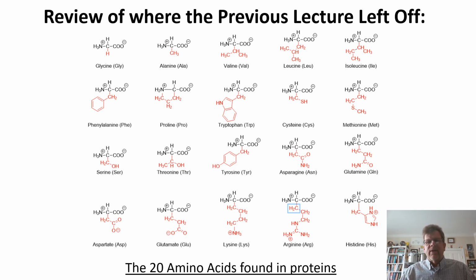We'll go into that a little bit more in a moment, but we can see that virtually all amino acids look the same, in that if you look over on the upper left-hand side, they all have this same type of structure on top, where we have an ionized amino group and an ionized carboxylate group.